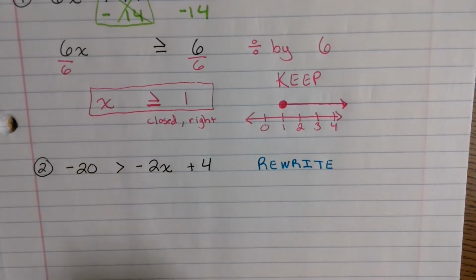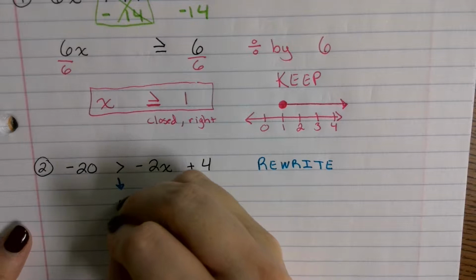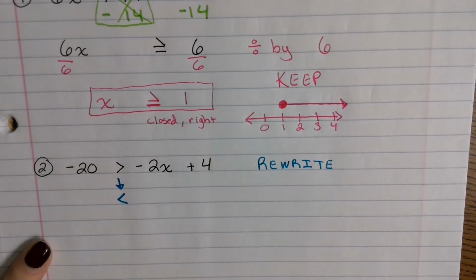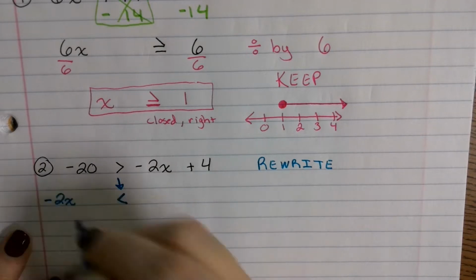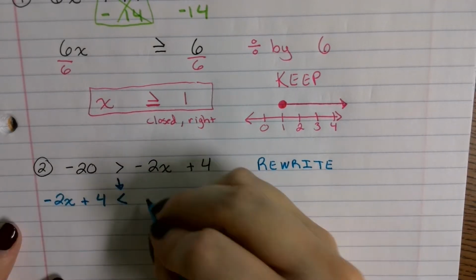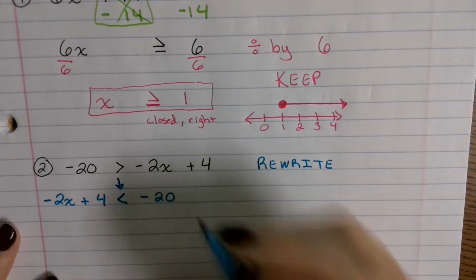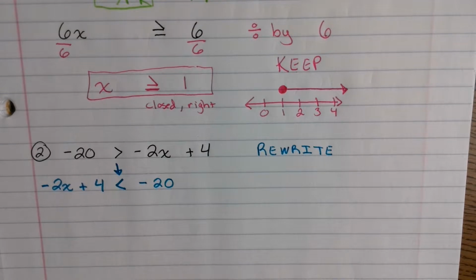And my inequality is now going to change. This becomes a less than sign. So I now have negative 2x plus 4 is less than negative 20. And that's my inequality. Now we just start solving it.